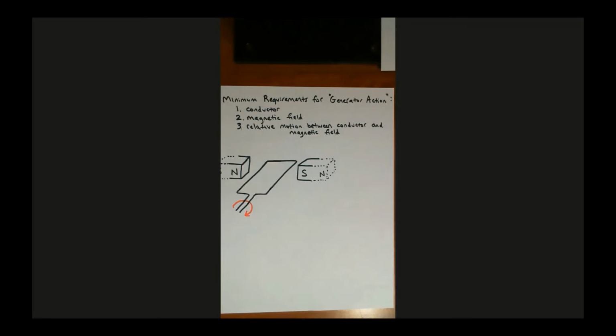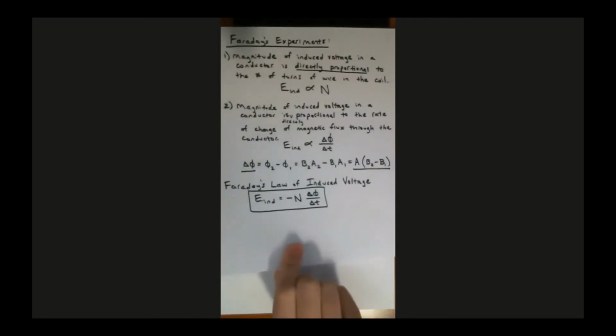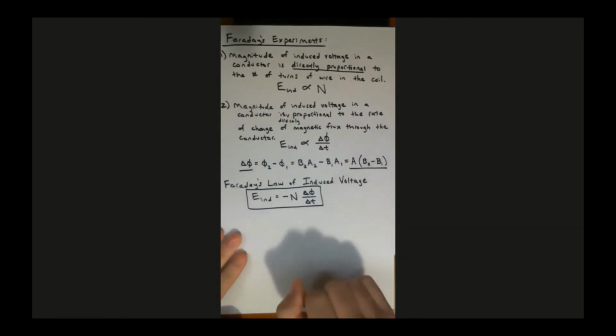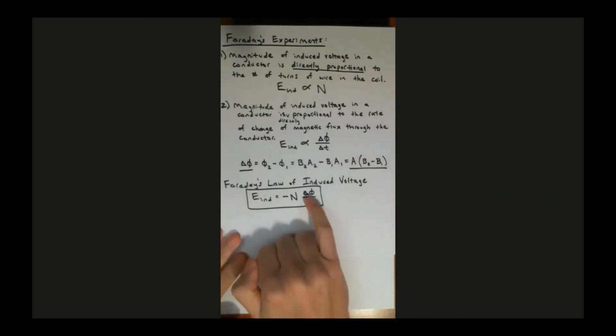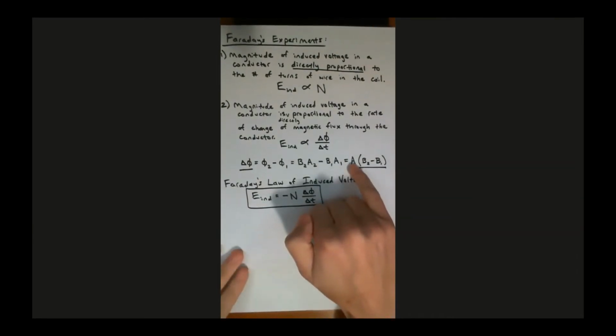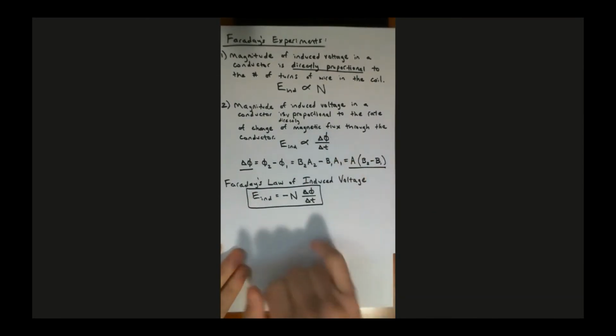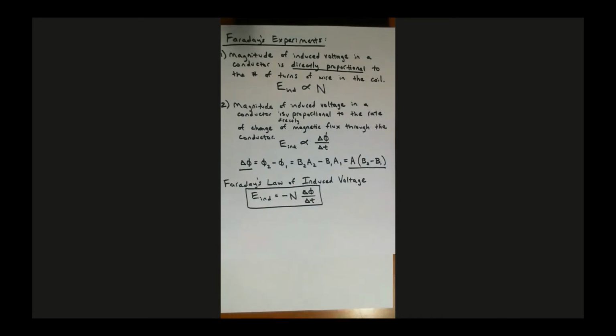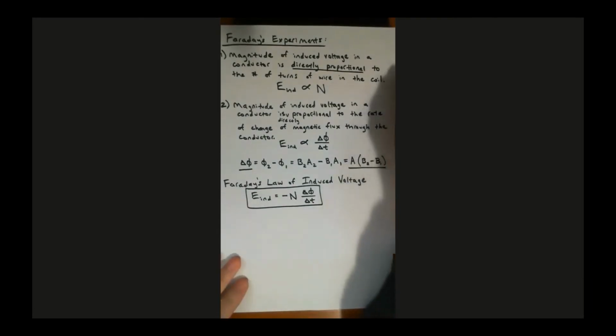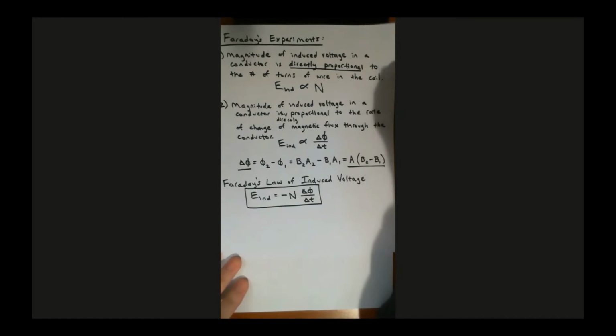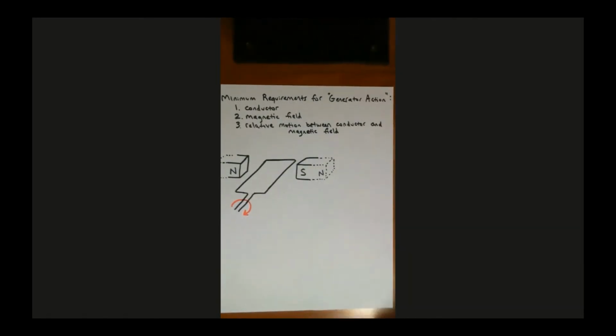So I induce a voltage in here, and if we measured the area of the armature and the magnetic field strength at these different positions as this thing rotates, and how long it took to rotate, and counted the number of turns, you could use Faraday's law and calculate the induced voltage here. But it's not quite so obvious just looking at it like this.